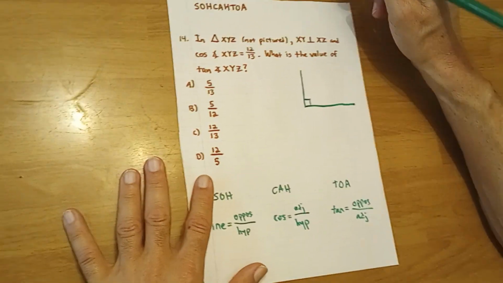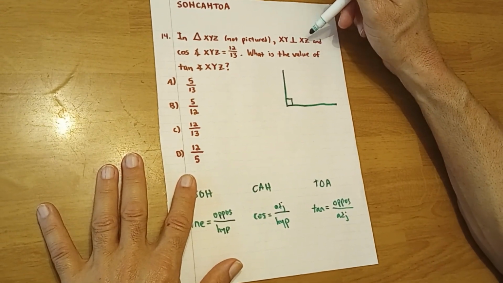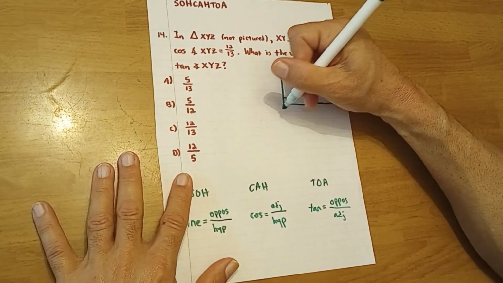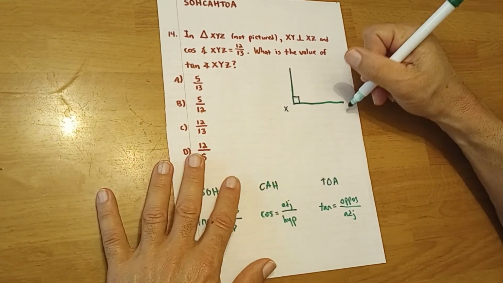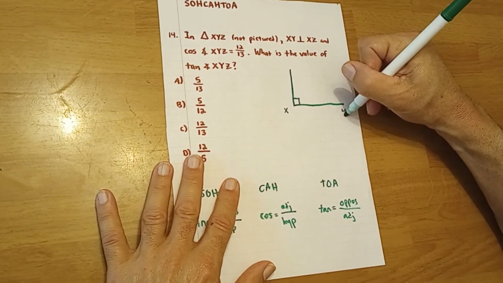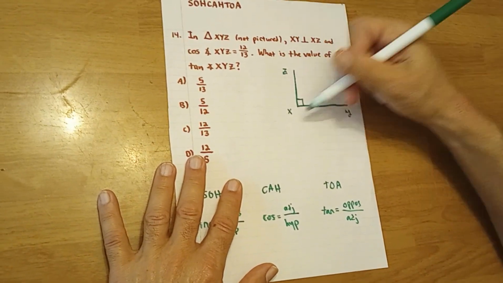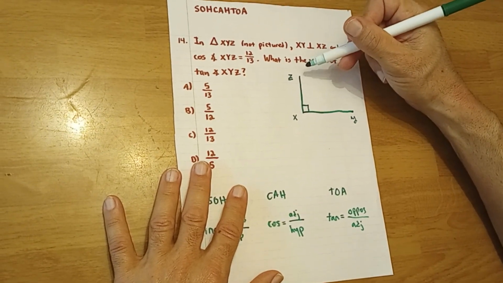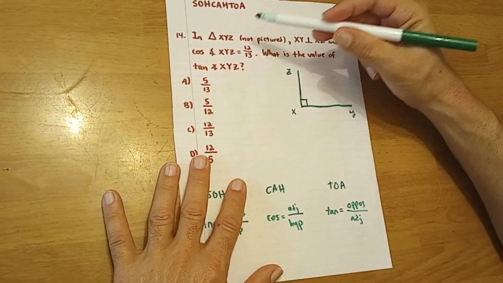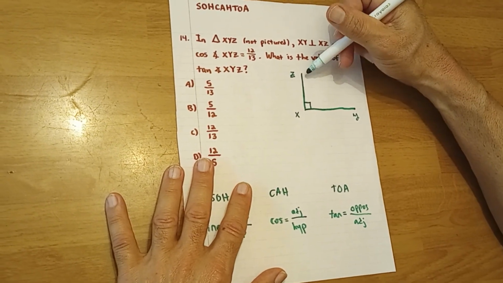So this is the X. Let's call this one Y, and let's call this one Z. So XY is perpendicular to XZ, and they're saying cosine of XYZ is 12/13.